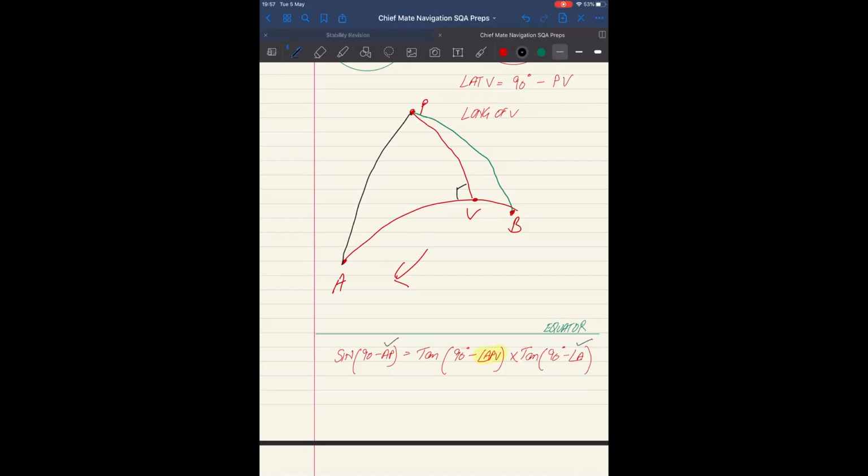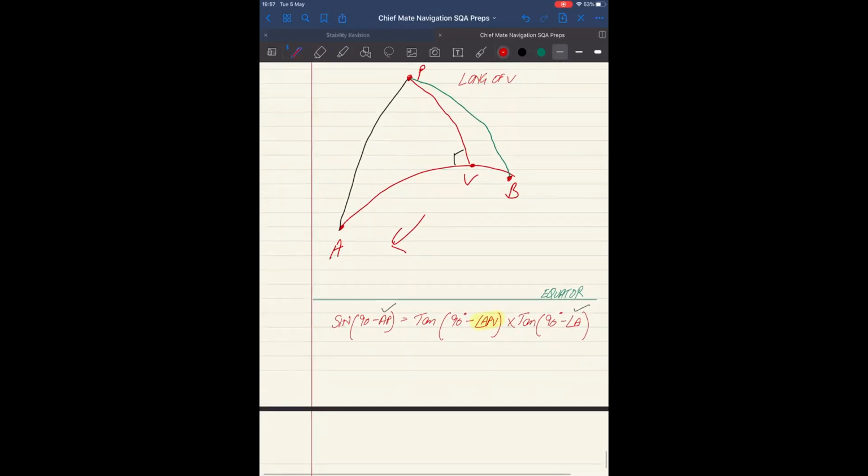We need to transpose this formula now. So we can write it as sine of 90 minus AP divided by tan of 90 degrees minus angle A, equals tan of 90 degrees minus angle APV.